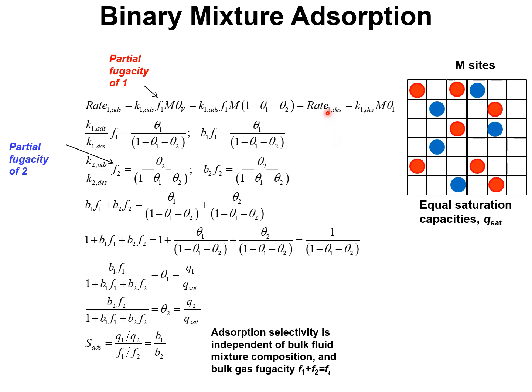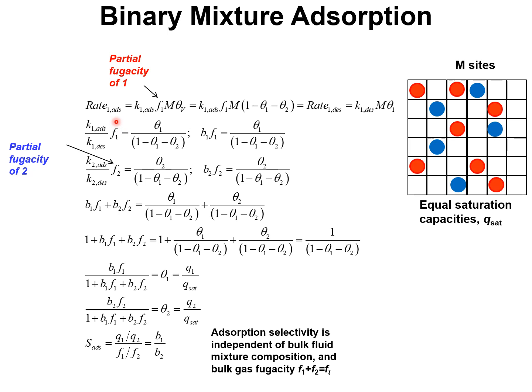The rate of desorption of component 1 is proportional to the number of sites occupied by the red guests, that is the fractional occupancy theta 1.